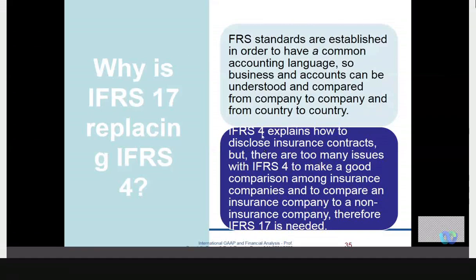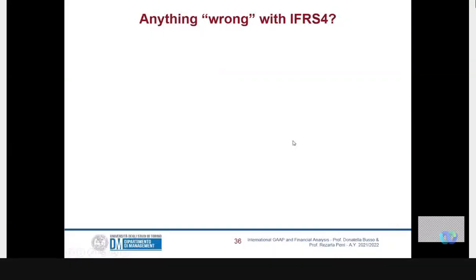IFRS 4 explains how to disclose information from insurance contracts, but there are too many issues with that standard to make that a good comparison between insurance companies, and therefore it became phase 2 of the board regarding insurance contracts, the introduction of a new standard, IFRS 17, which is, as we said, yet to come.